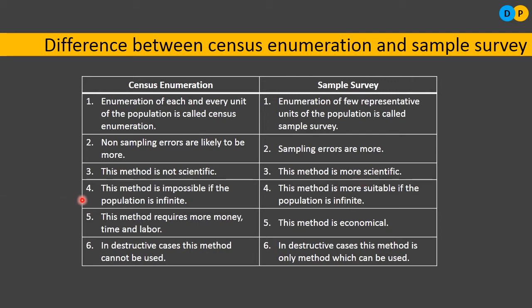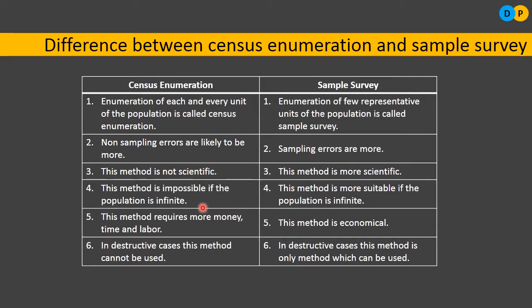The fourth difference is that this method is impossible if the population is infinite. Let us say you have been asked to conduct a survey in an evergreen forest, to mark and study all the trees and plants in it.